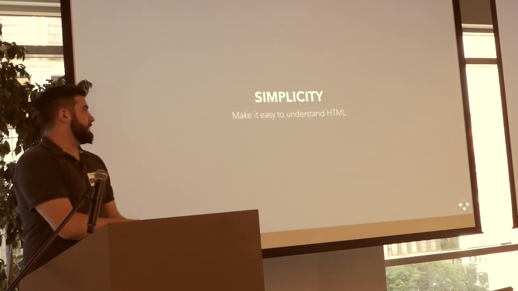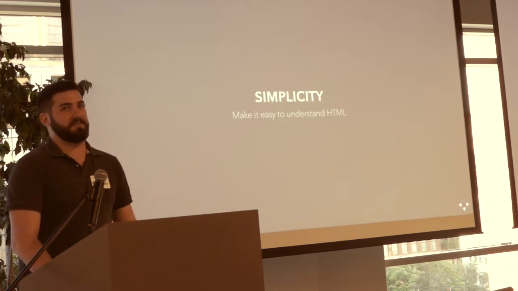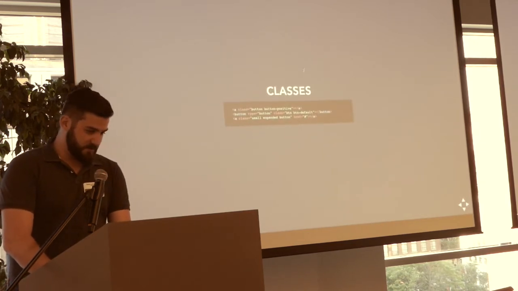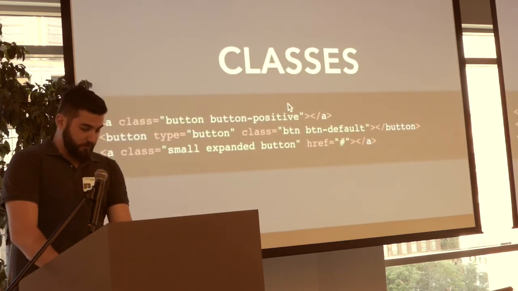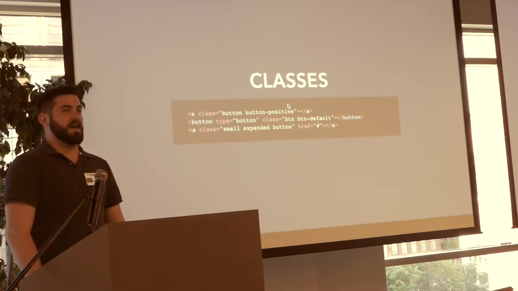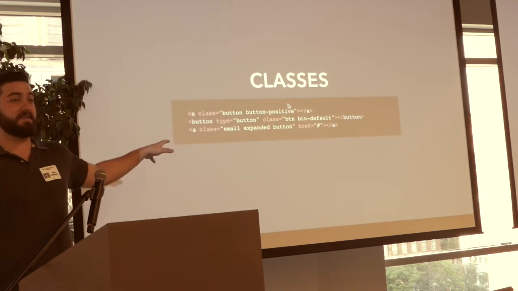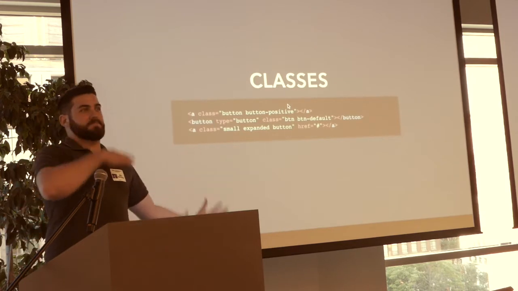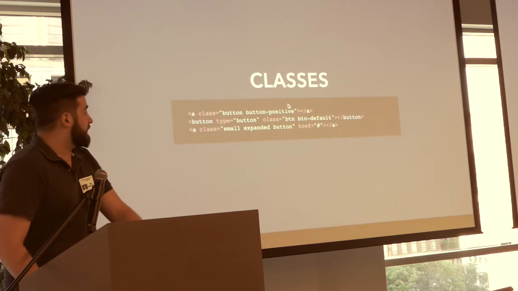So, simplicity. What do I mean by simplicity, and how does it actually relate to what I'm building? If you've ever used any CSS framework or any kind of style sheets, you've probably seen code kind of like this, where you take an element and throw a bunch of classes on it to describe how we want it to look and render out onto the DOM.